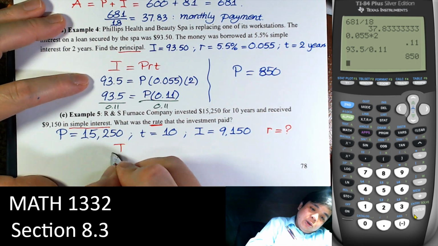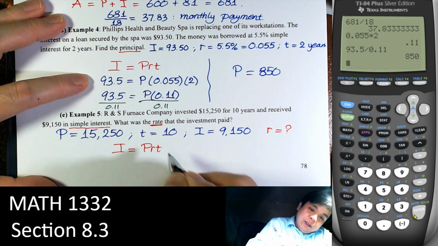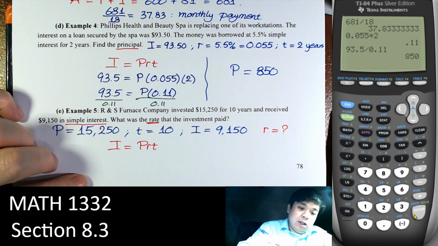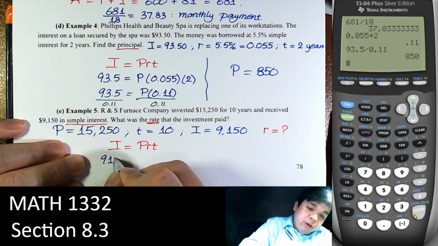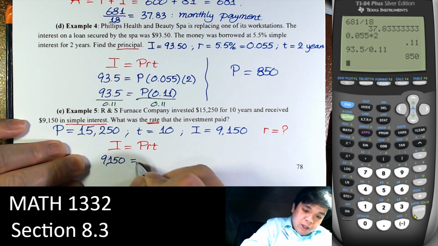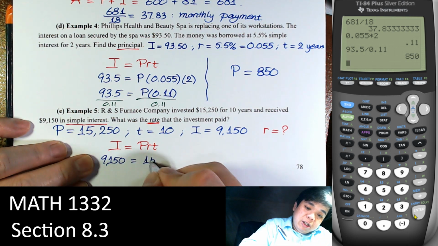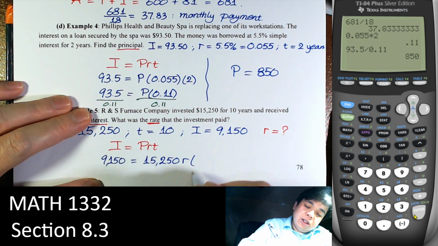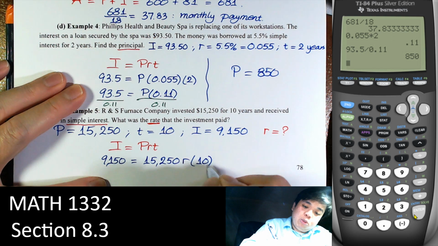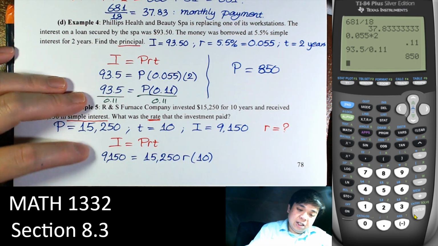And of course this is also simple interest. So I equal PRT. Put everything we know in here. 9,150 for the interest. The principal we do know, 15,250. The rate we don't know, and time we know. Right, multiply by 10.